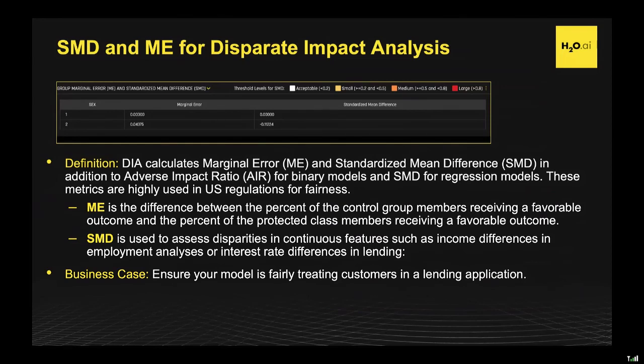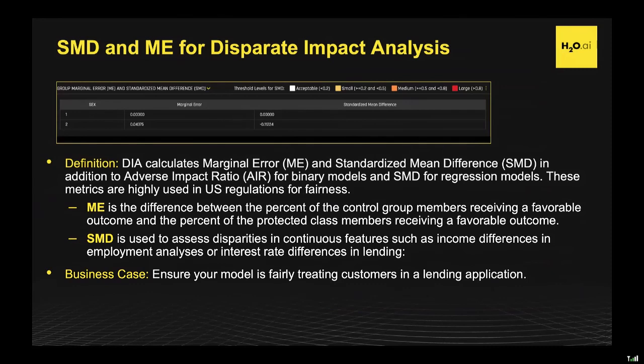I think a lot of folks who are active Driverless users and customers come from financial services, where they know that Reg B, SR 11-7 and ECOA all require you to give a root cause analysis of why someone might have been denied a loan, and that reason can't be because of any of these protected class factors like education level, marital status, ethnicity, gender.